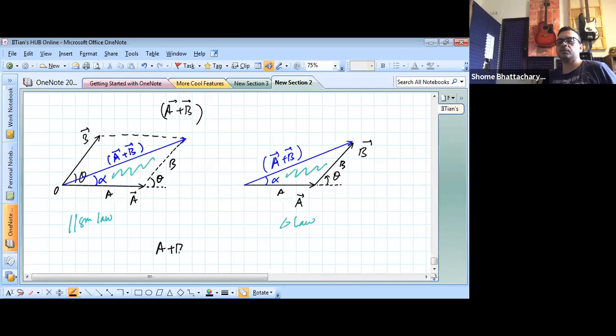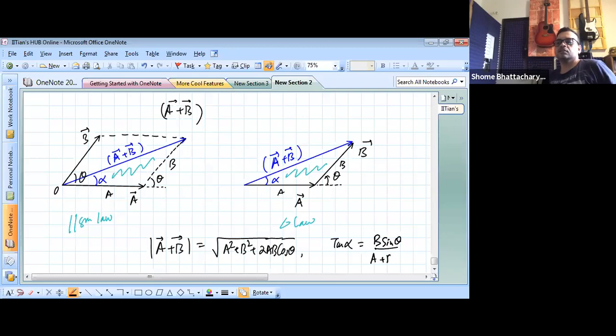And the formula is common: mod of A plus B is equal to root of A square plus B square plus 2AB cos theta, and tan alpha is equal to B sin theta upon A plus B cos theta. So make a quick note of this, and then we'll see similarly why the difference is also the same.